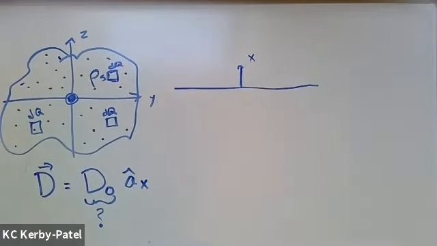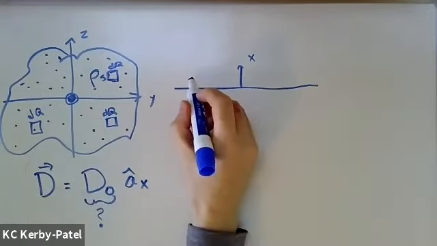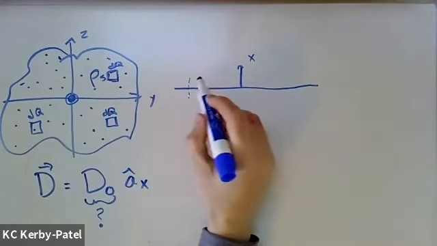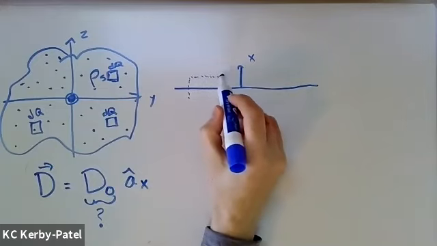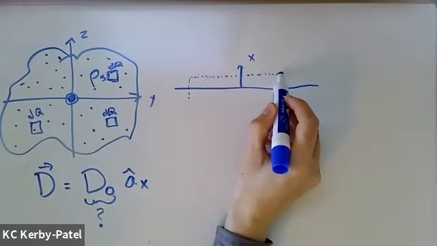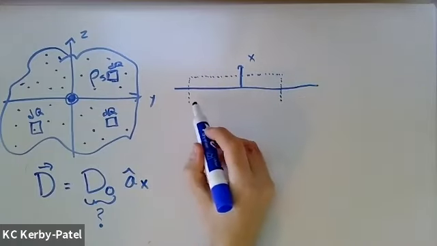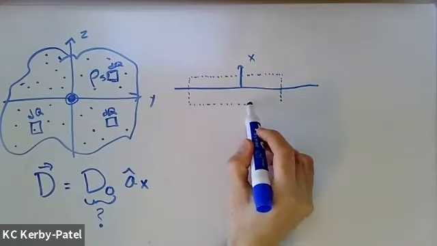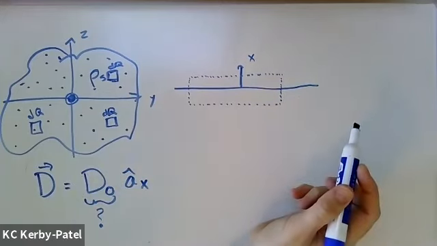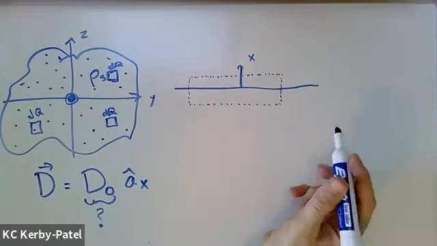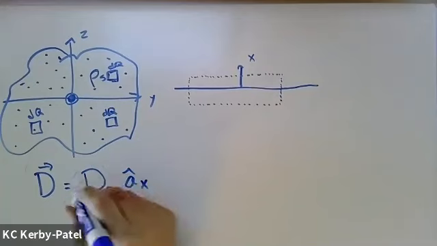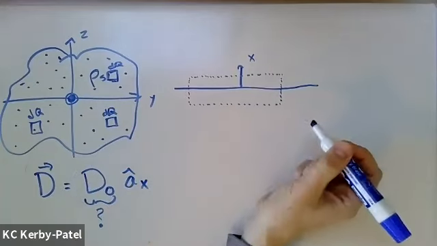I want to define a Gaussian surface that encloses some of this charge. My Gaussian surface needs to be either parallel or perpendicular to the flux density vector that I know about, so that my dot products are either just D naught times dS or 0.